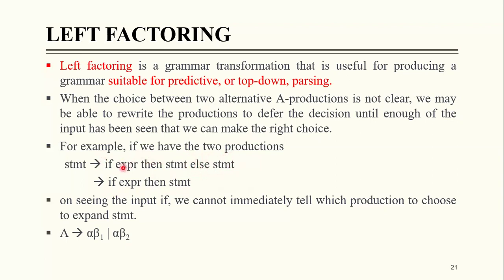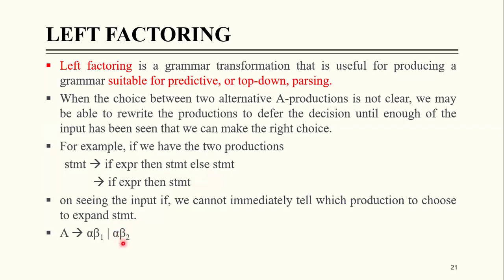So we can write this production in the form of A, where A means statement, derives alpha beta 1 or alpha beta 2, which means that the common terms we refer to as alpha, and the rest we refer to as beta 1 and beta 2. For example, over here, if expression then statement will be alpha, and else statement will be beta 1. After this production, nothing follows, so we can consider it as epsilon, and that may be beta 2.